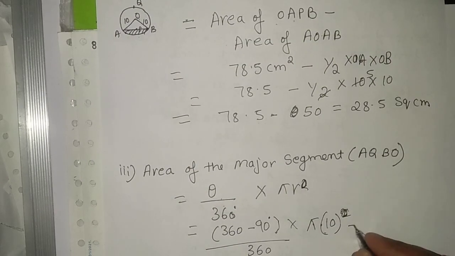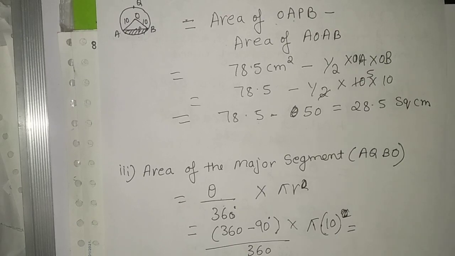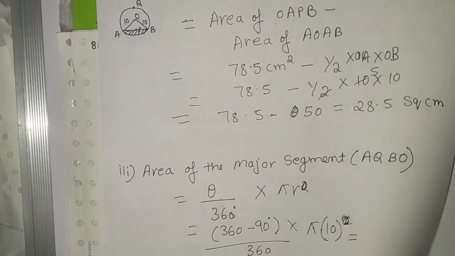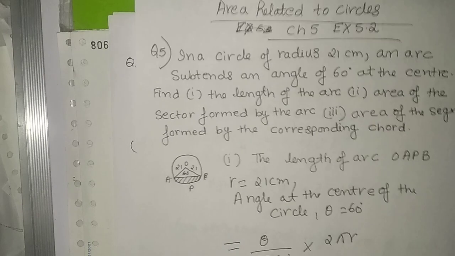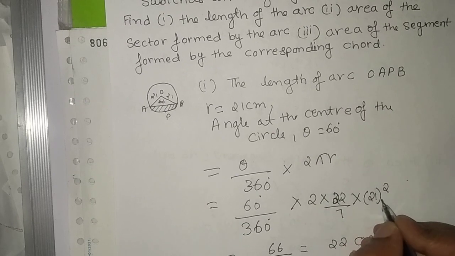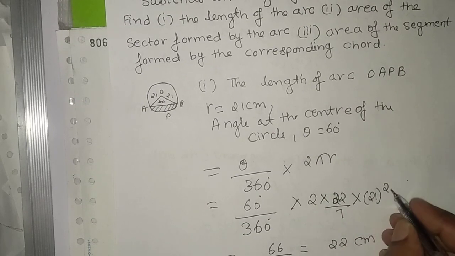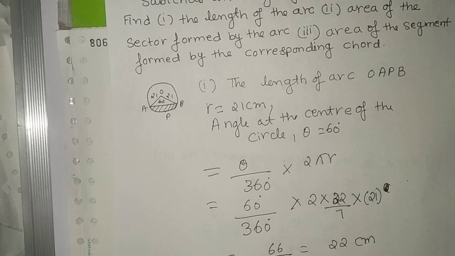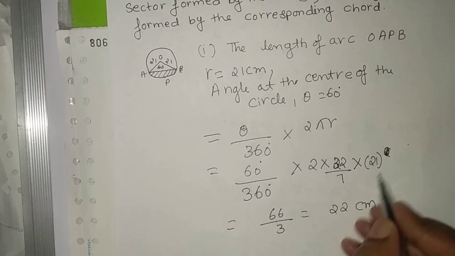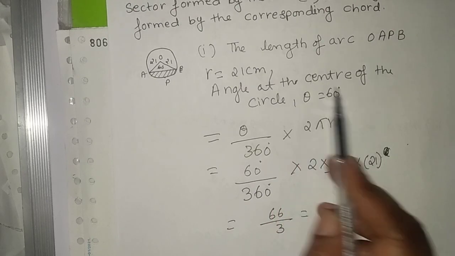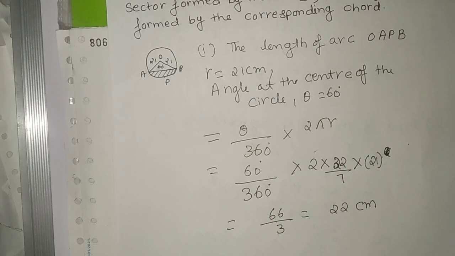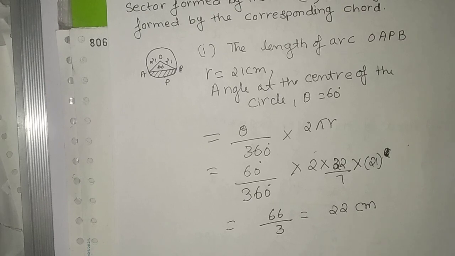I'll just clarify in the next class. Yeah, this one, fifth one. First what we solved is pi r, so take it as r. So simplify and see, this is correct. So we are finding the length of this arc. So this is the formula. Any doubts, I'll clarify in the next class.